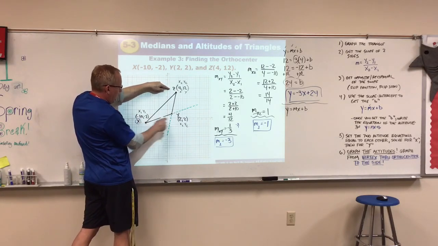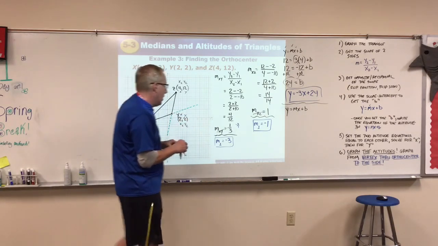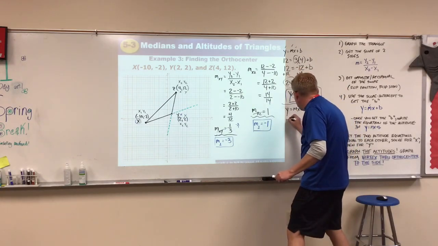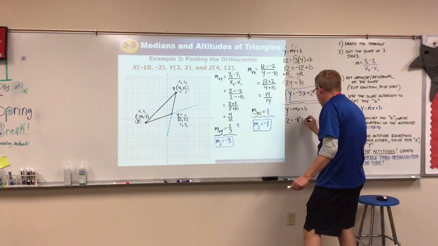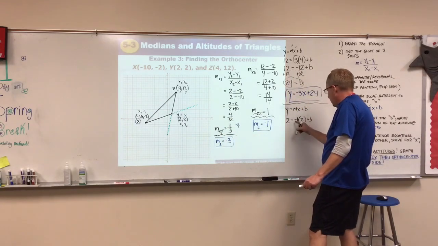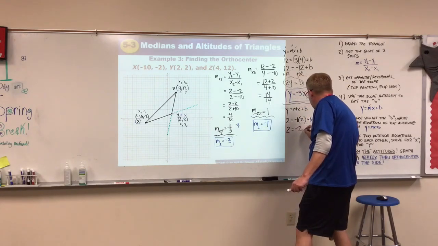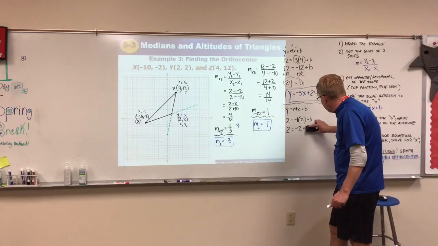So if it's xz, I must use y. That makes this x, and that makes that y. And we're going to use this slope this time. So y is equal to 2 equals negative 1 times x, which is 2, plus b. Negative 1 times 2 is negative 2. 2 equals negative 2 plus b.